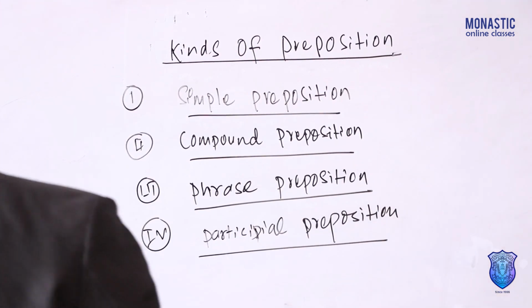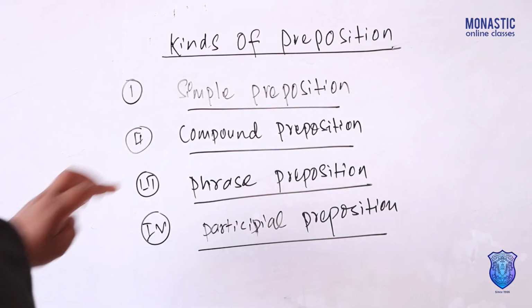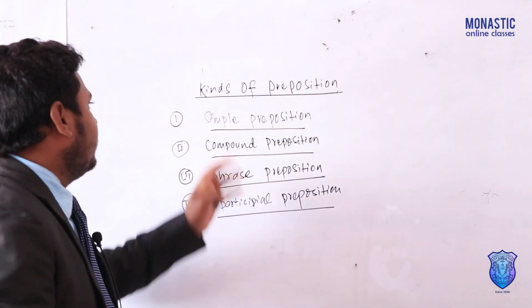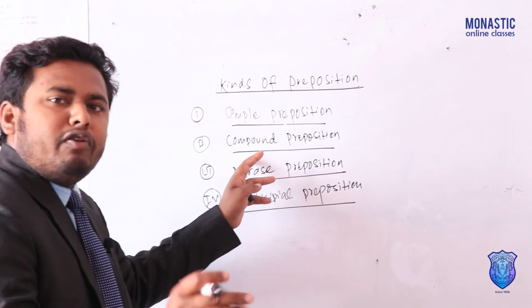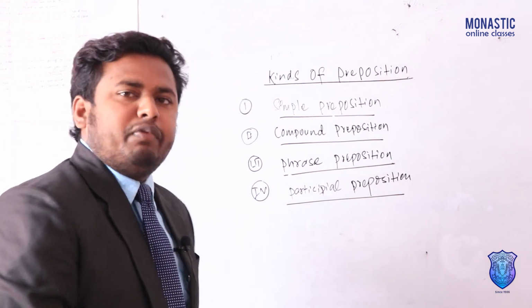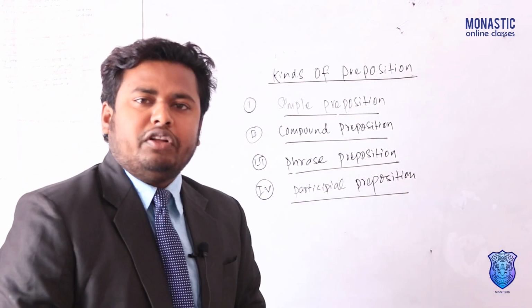So dear students, we can say the kinds of prepositions are: simple preposition, compound preposition, phrase preposition, and participial preposition.